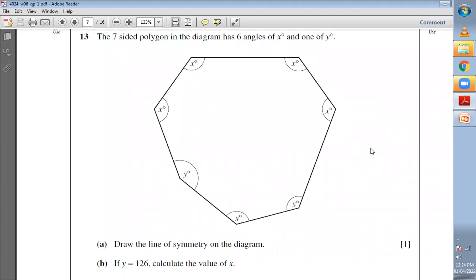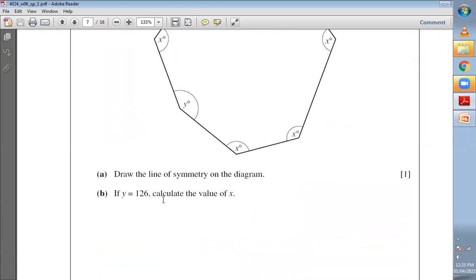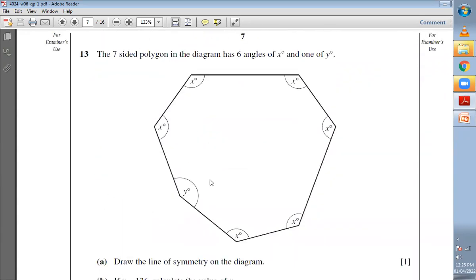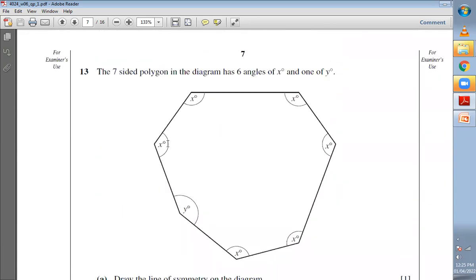Question number 13. The seven-sided polygon in the diagram has 6 angles of X and 1 of Y. So it is a seven-sided figure, where 6 angles are X and 1 angle is different, that is Y. Draw a line of symmetry on the diagram, and then if Y is 126, calculate the value of X. The line of symmetry will be here, you can see easily.